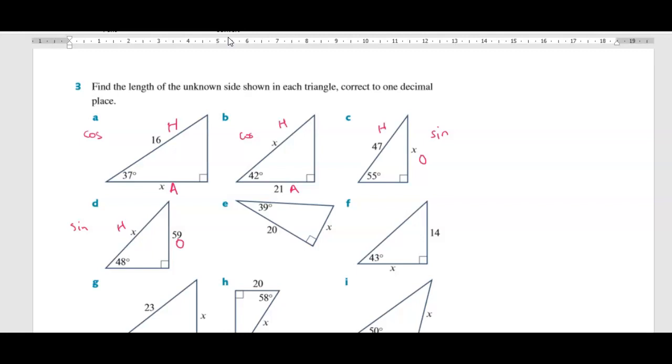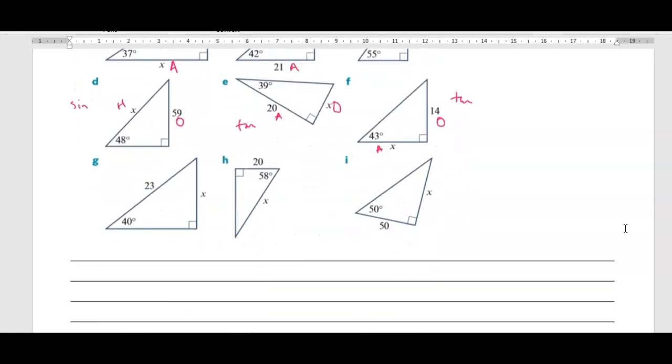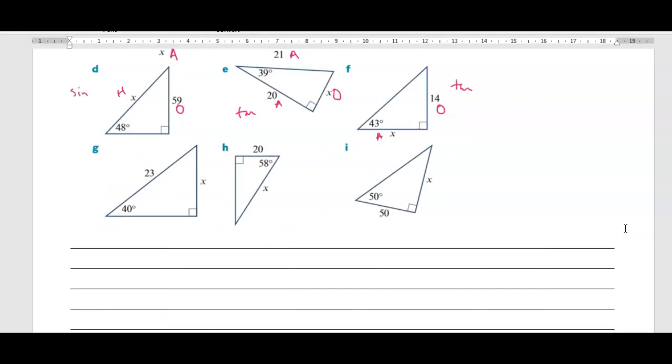Seems like it's alternating. Let's just keep checking. All right, adjacent. Oh, so this is tan. Your unknown is on the numerator. And F, opposite and adjacent. So that's tan. And your unknown is on your denominator. So I think they alternate. Shall we just keep checking? Hypotenuse, opposite. So we're using sine, unknown on the numerator.